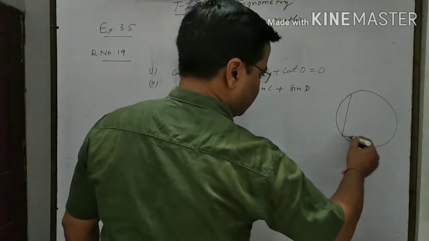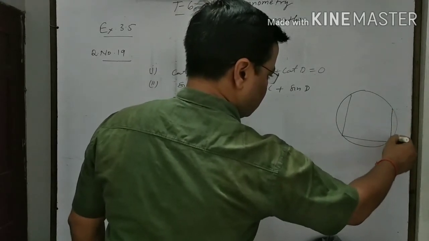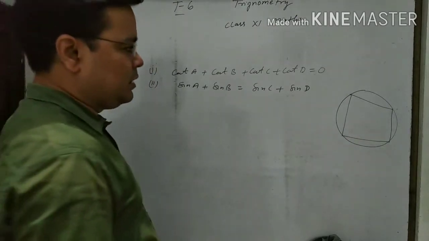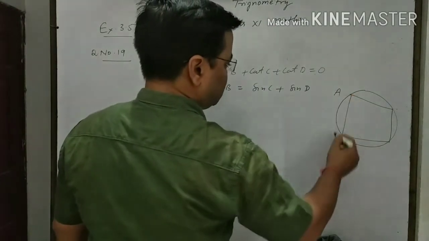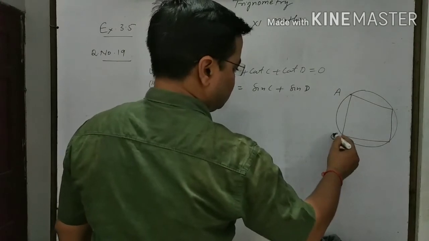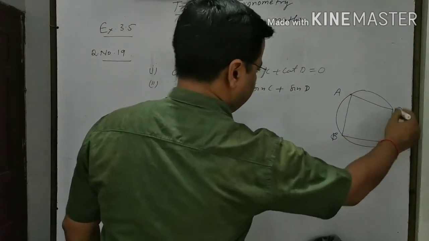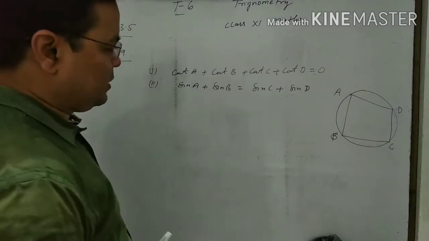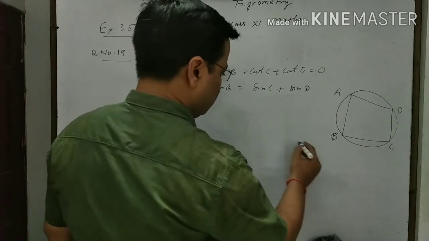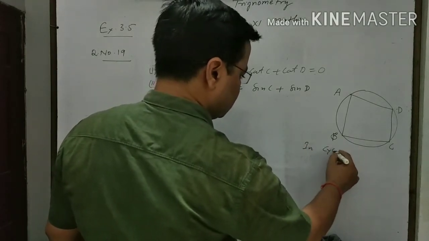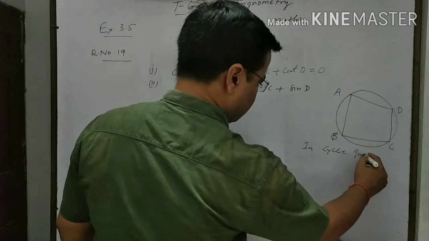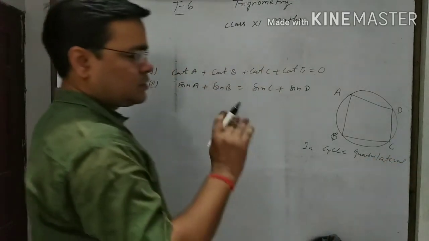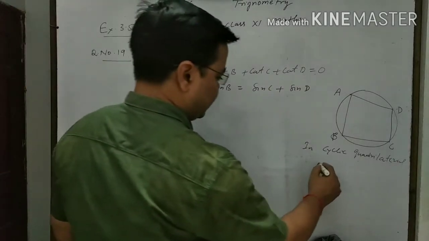If we have a quadrilateral such that the vertices of the quadrilateral touch the boundary of the circle, then this is called a cyclic quadrilateral, A, B, C and D. Okay, and in a cyclic quadrilateral, the sum of opposite angles is equal to 180 degrees.